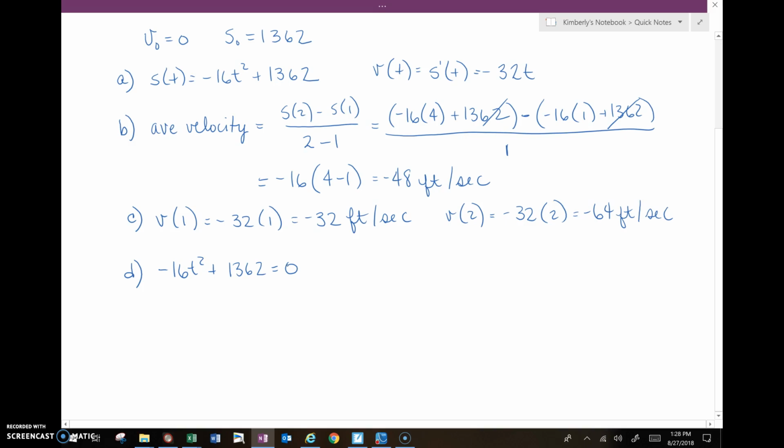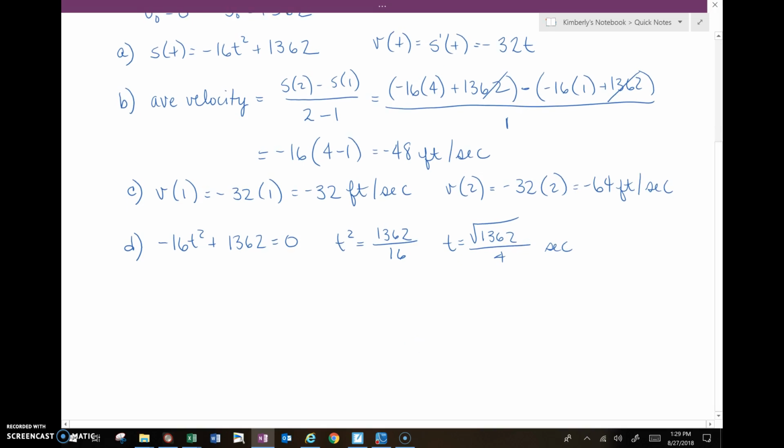And if you subtract 1,362 and divide by negative 16, you get t squared equals 1,362 divided by 16. t equals plus or minus, but we're dealing with moving forward and positive time, so it's actually equal to the square root of 1,362 divided by 4 seconds. And I checked before doing the problem, and the square root of 1,362 cannot be simplified, and I think the back of the book writes a decimal. I obviously will take this answer.